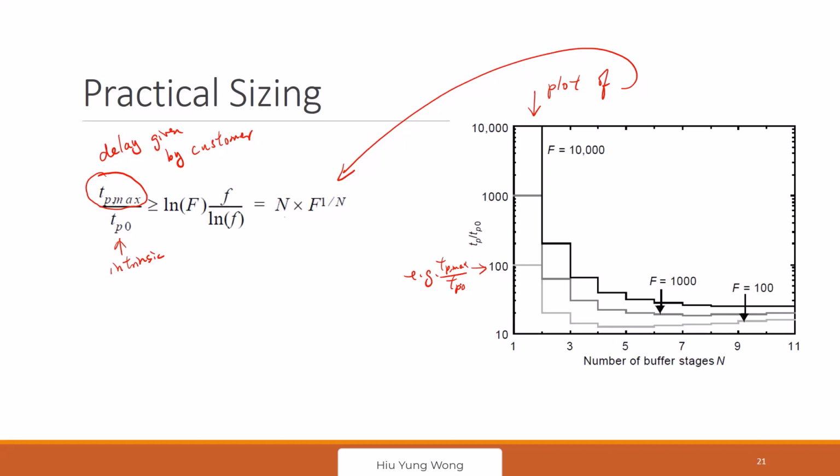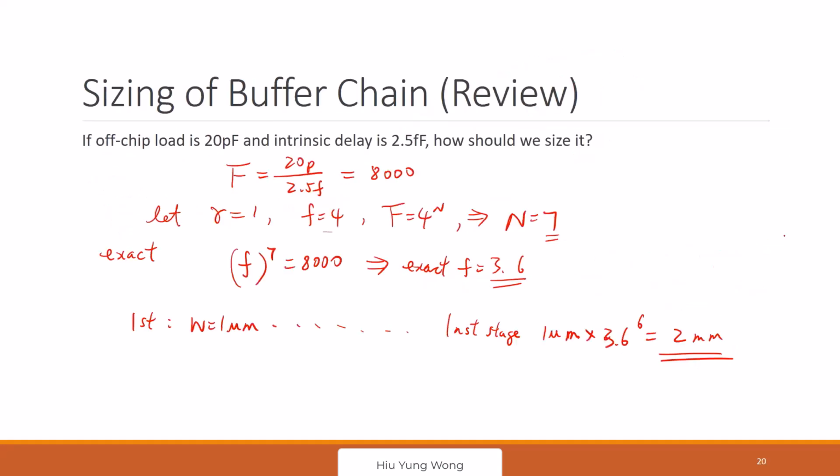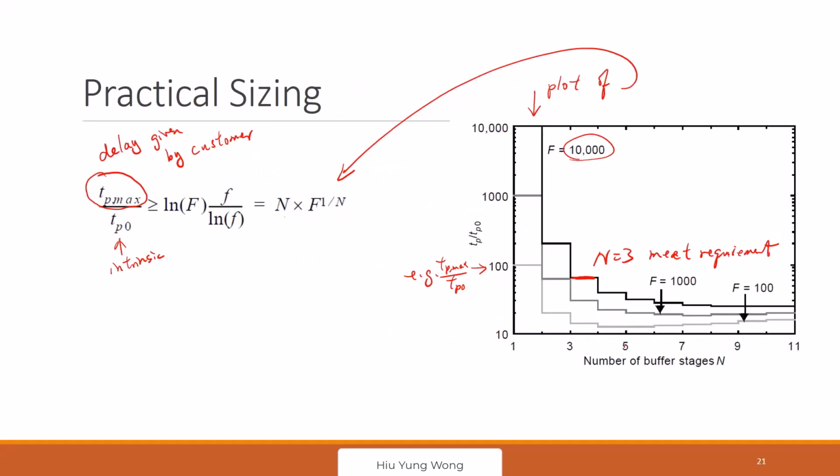And then based on the fan-out, let's say the fan-out is 10,000, or 8,000. If it is 10,000, then you see that if I can make n equal to 3, I meet the requirement. So I really don't need to do 6 stages. You see here, I would need to use 6 stages, but no, I just use 3.